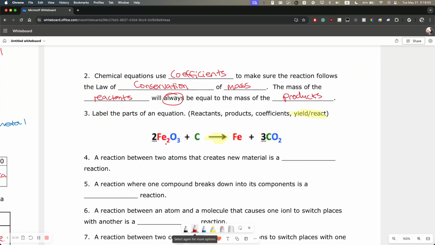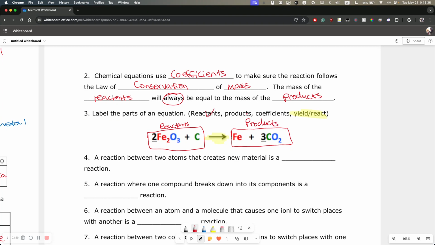To memorize reactants, think about where the substances are. Reactants react to form or produce products. These are our reactants. Everything before this arrow, left of it, is the reactants, and these will be our products.